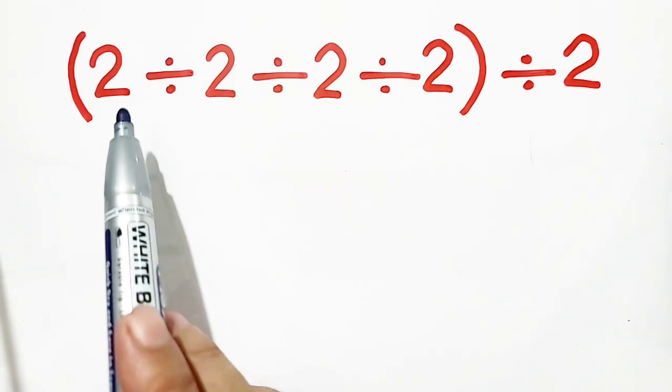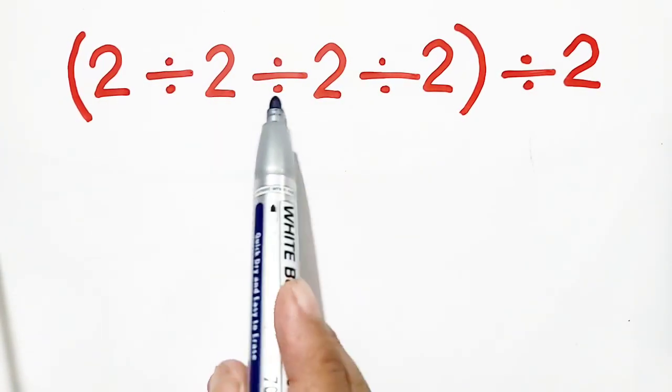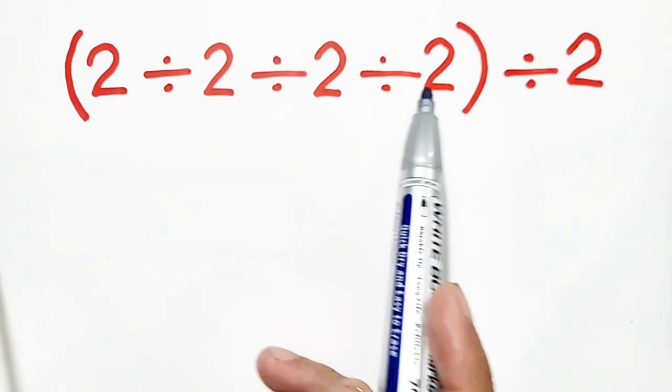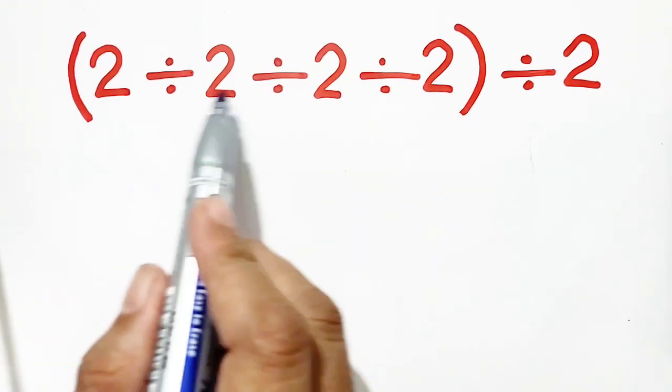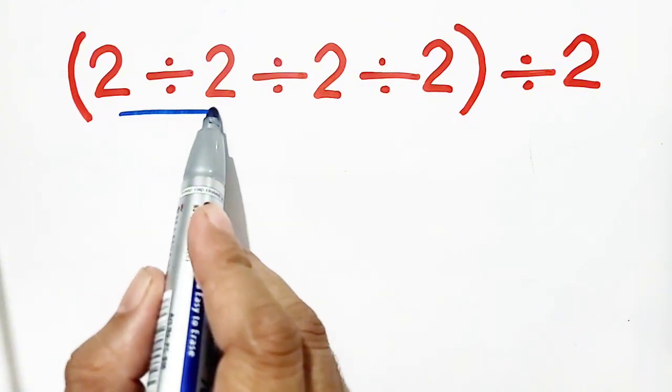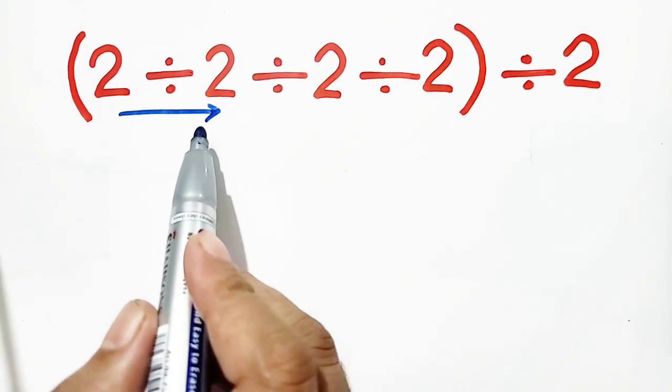Respected audience, my question is 2 divided by 2 divided by 2 divided by 2 divided by 2. Remember that, guided by PEMDAS, we have to move from left to right.